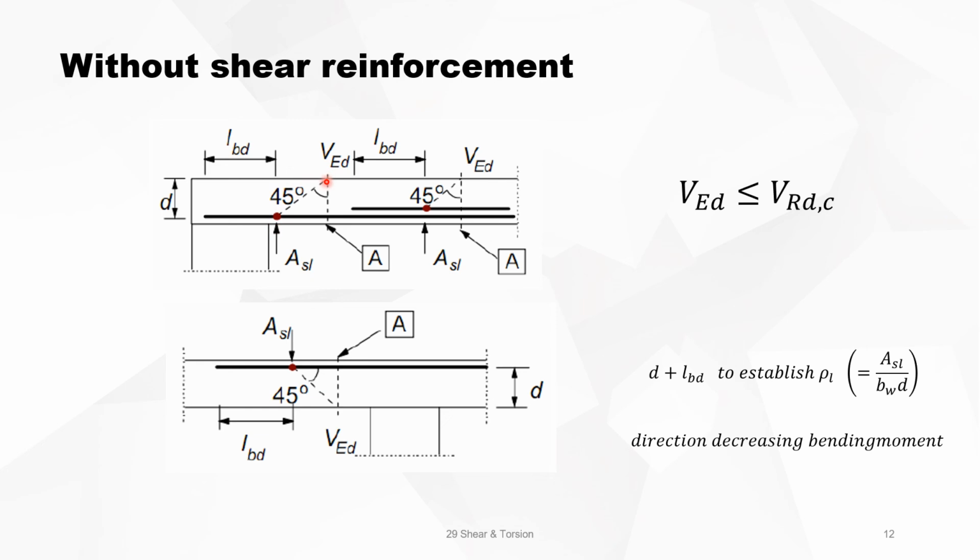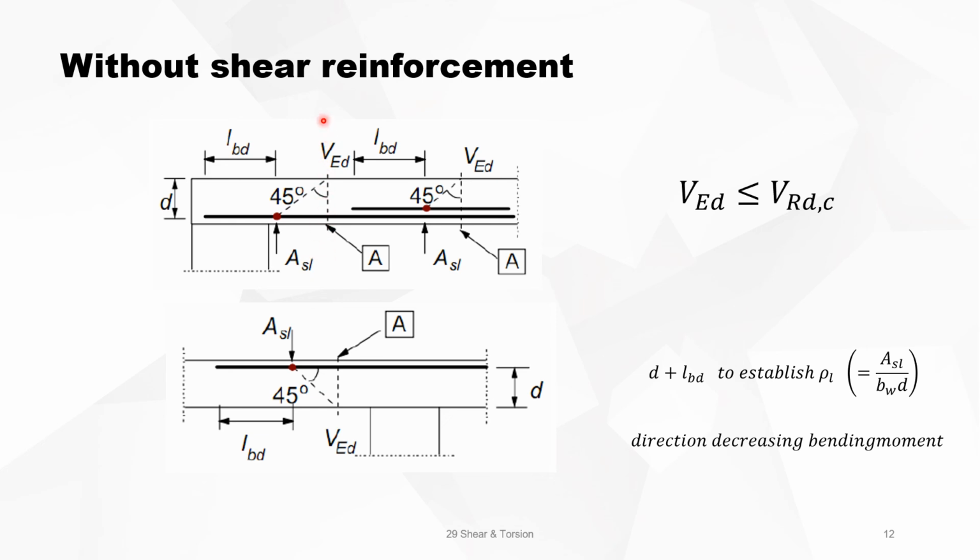So it's at 45 degrees, let's say at a distance D, but the distance D towards the decreasing bending moment. You can only take into account the longitudinal reinforcement which is at least D plus the anchorage length LBD separated from the section where you calculate the shear.